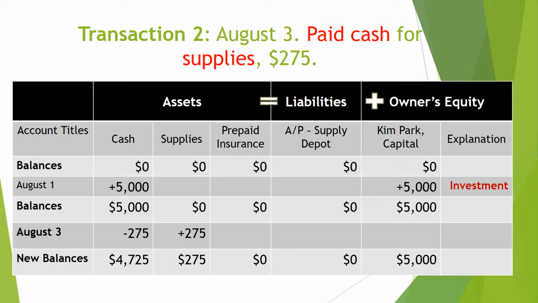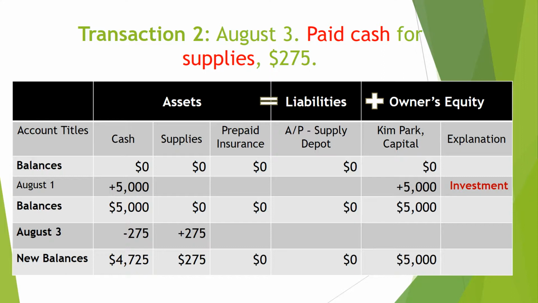We're going to subtract $275 from the $5,000 cash balance, and our new balance after August 3rd is $4,725 in our cash account. We are going to add our August 3rd $275 to our zero balance in our supplies account to determine our new balance, which will be $275.